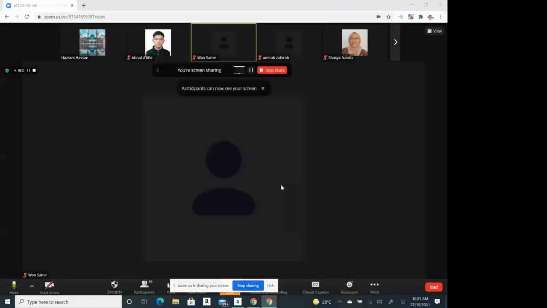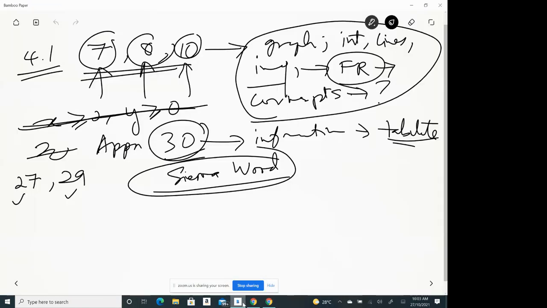Zoom wants to share content of your screen. Share system audio. Share. Window. Okay, so we continue from where we left last time. Right, can you see the screen now?